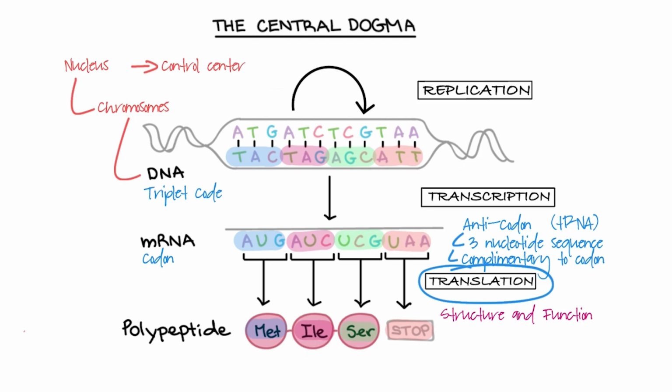Okay, so you get how we go from the sequence of nucleotides in the DNA to the sequence of amino acids in the polypeptide. But now, there's another question. How does the cell know where a particular polypeptide chain starts and where it stops? For this, there are specific codons on the mRNA called start codons and stop codons.